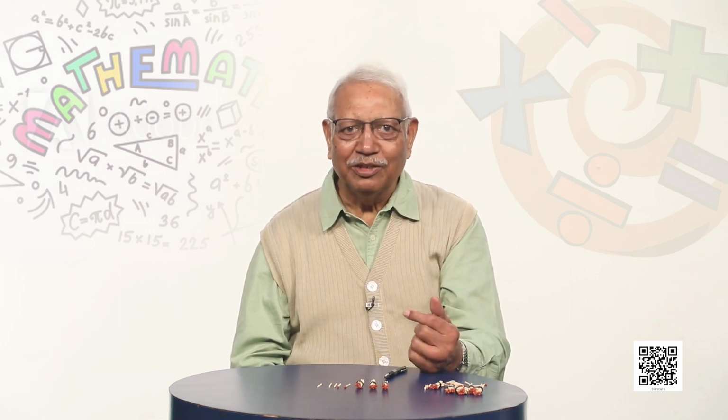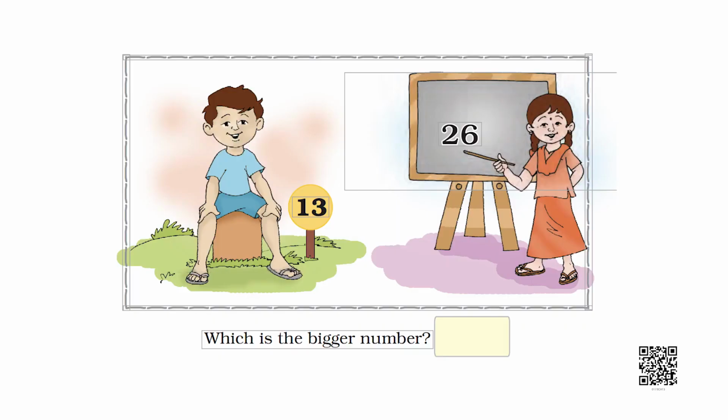Now, let us compare these 2 numbers. Which one is bigger? For the number on the left, see how many tens it has, and for the number on the right, how many tens it has. And then you compare, and then you will start talking about which one has more or which one is less.